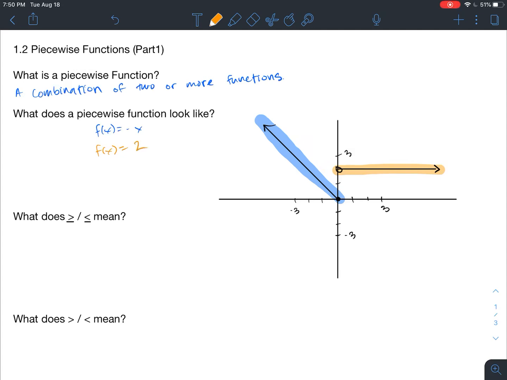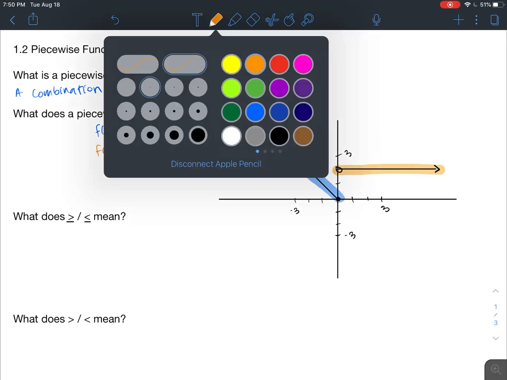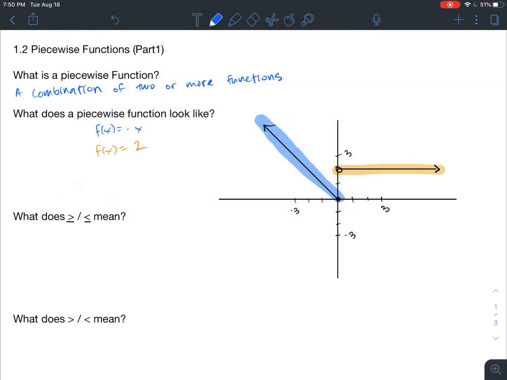So those are our two functions, but the question is, how do we write it? Because the thing is, f of x equals negative x, the blue function, it only exists up until 0. And then after that, f of x is equal to 2. And before 0, f of x equal to 2 doesn't exist. So we have to write that. How we write that is this.